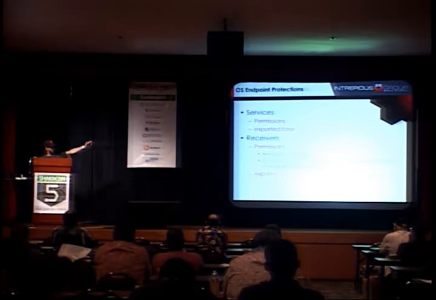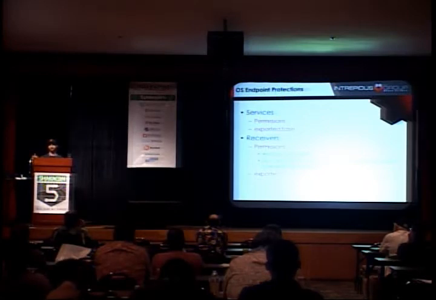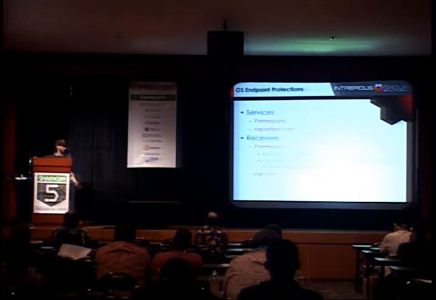Services, same thing. Receivers, a little bit different. Any app can register a broadcast receiver, and then it's up to whoever sends that broadcast message to specify the permission required from the receiver. So the permission that the receiver needs to have in order to access that broadcast message. And then again, you can set export equals false on the receivers.